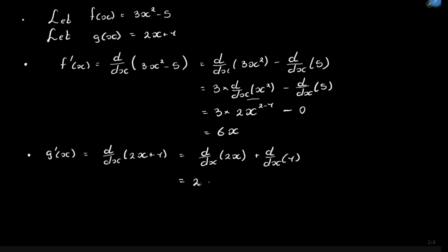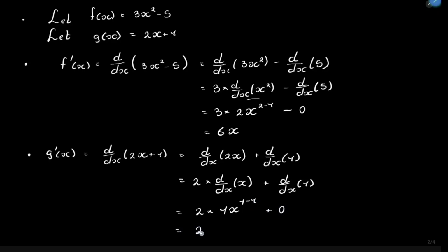This then gives us 2 times the derivative of x from our constant multiple rule, plus the derivative of 1, which gives 2 times 1x to the power 1 minus 1, plus the derivative of a constant, which is 0, giving us 2.